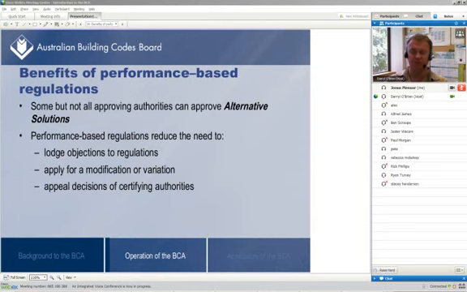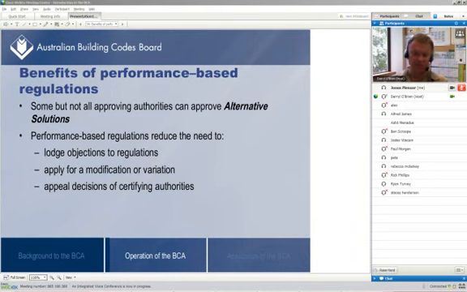So the alternative solution has to go through those people. If you don't agree with their advice, they can appeal as far as that goes. But if you want to do an alternative solution, or if you want to assess and approve an alternative solution, say as the exam question is for a ceiling height, then there are no referral agencies. That is a decision the certifier can make. So provided you justify your decision, you record your decision, you show the methodology used, that's fine.